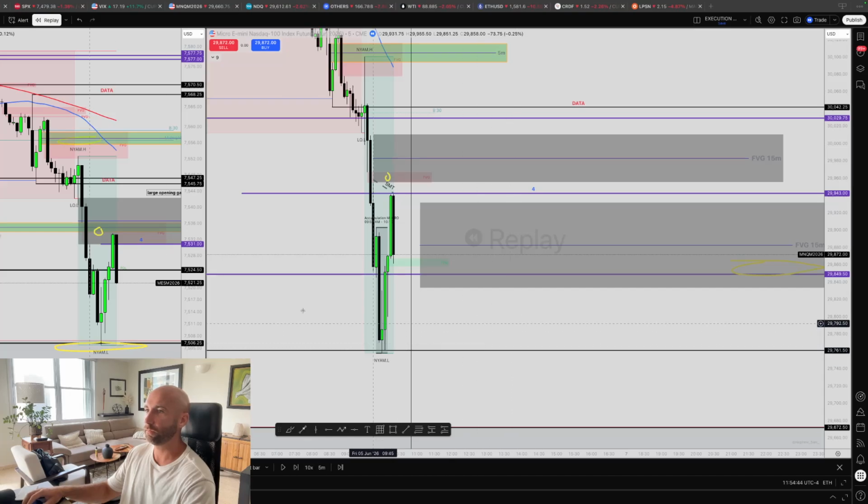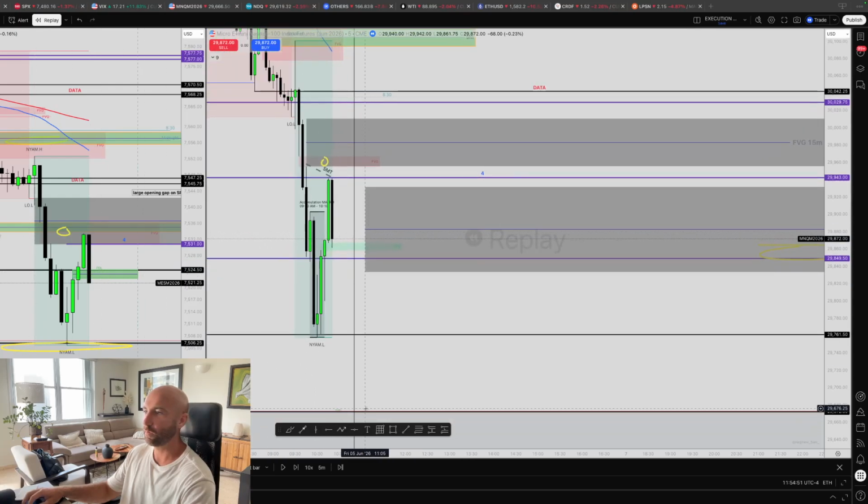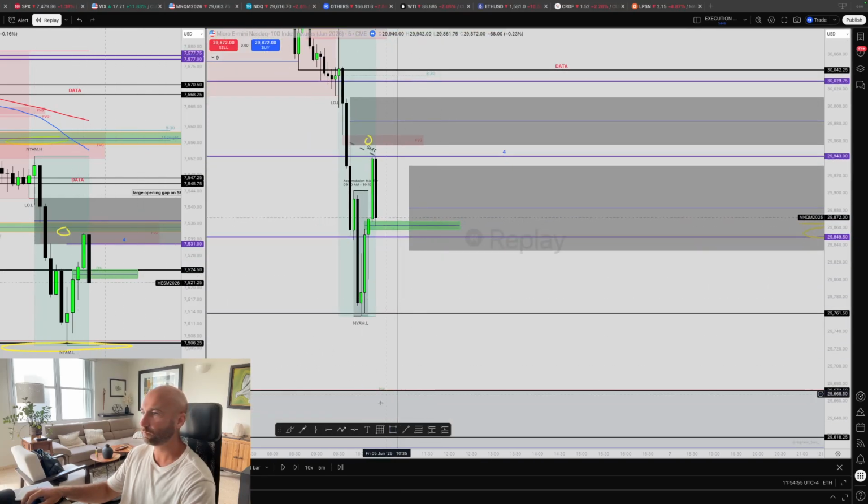So right now, we had a 5 minute here that got inversed, and we had this 5 minute here. So right now, this is perfect. Really, I could take NQ even off this confirmation. That's the inversion I was looking for.